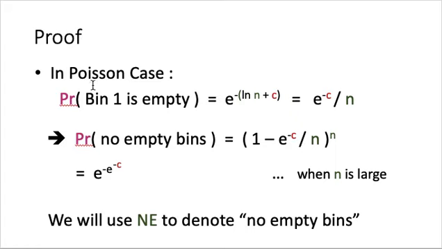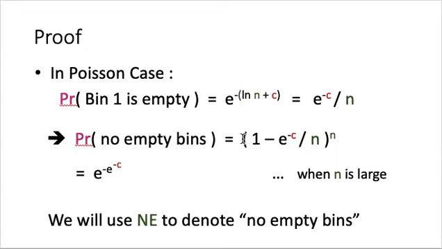In the Poisson case, this is what we have seen before, but let's do this again. The chance that bin 1 is empty, so this is a Poisson random variable with parameter m over n, the chance that this random variable is equal to 0 is e to the power minus log n plus c, and after simplifying, this is e to the power minus c divided by n. The chance that we do not have any empty bins means that bin 1 is not empty, bin 2 is not empty, and so on and so forth.